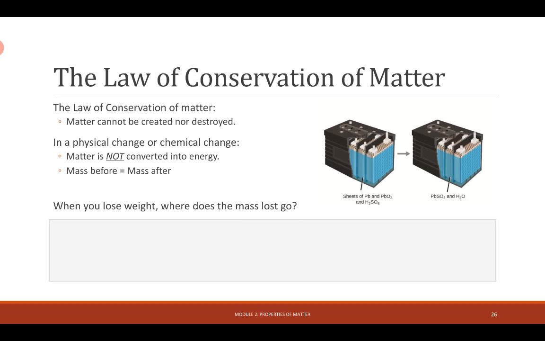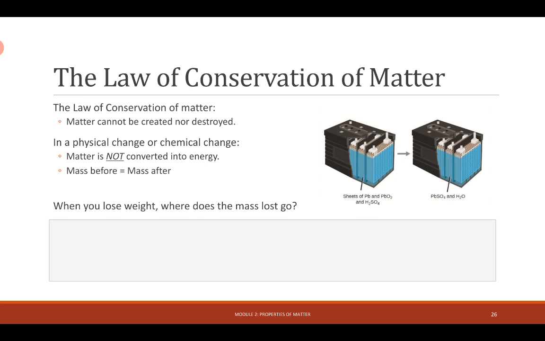Now, according to our law of conservation of matter, matter cannot be created nor destroyed in a chemical change or in a physical change. Matter cannot be created nor destroyed. So that's important to recognize because when we're changing matter, we are not actually changing how much matter there is. The amount of matter before is equal to the amount of matter after.